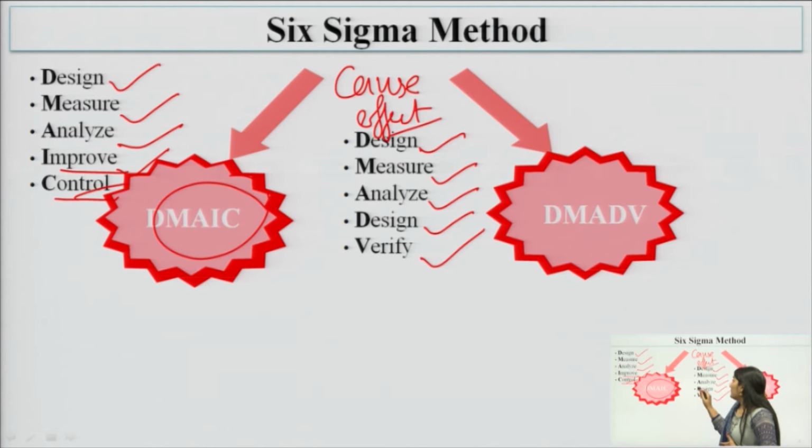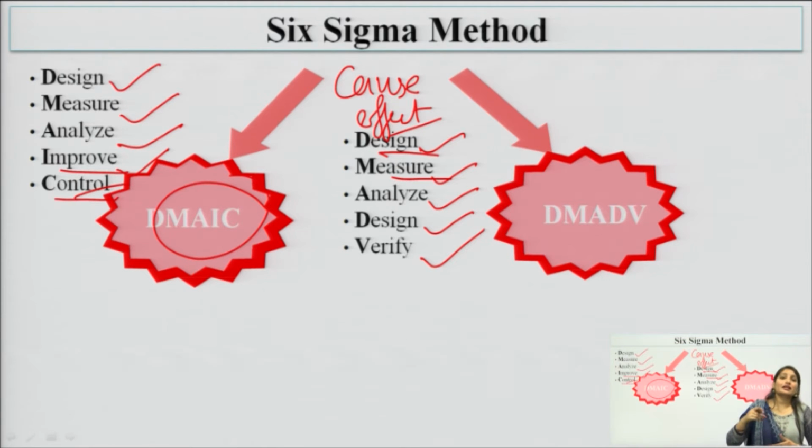Okay. So, the second method is DMADV, and DMADV is define, measure, analyze, design and verify. In the first step, as in the DMAIC process, we will define the project goal and the characteristics. In the measure step, we will perform the measurement, we will measure the variation.